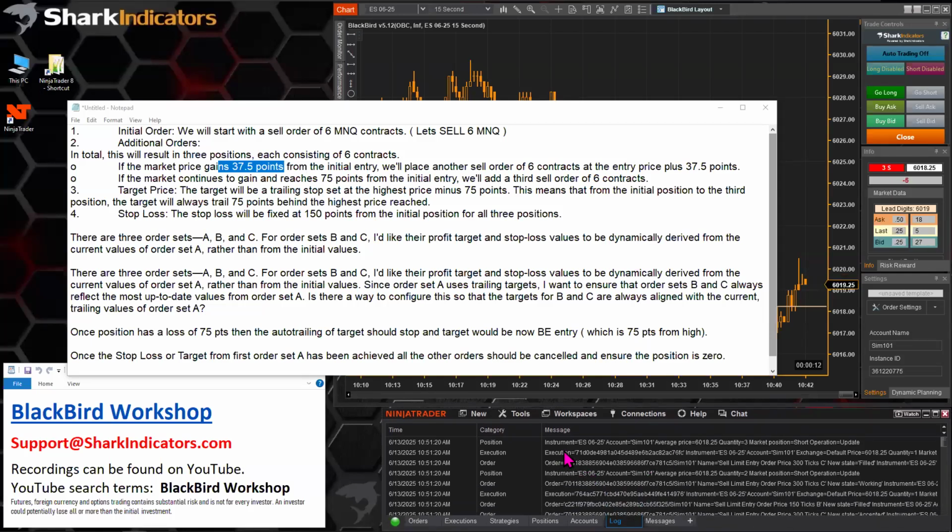Yeah, I was thinking there might be some information here on the log tab about those limit entry orders, because I saw a flash on the chart where the chart shrank down, and it looked like Blackbird was placing those limit entry orders, but no, it doesn't actually.